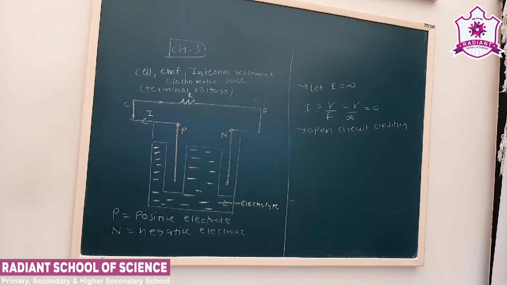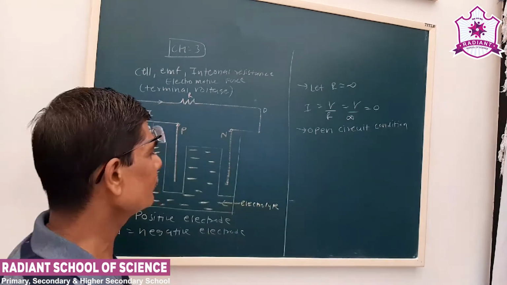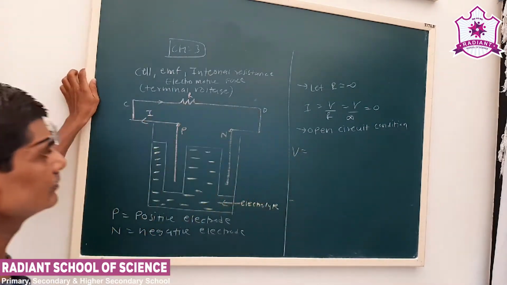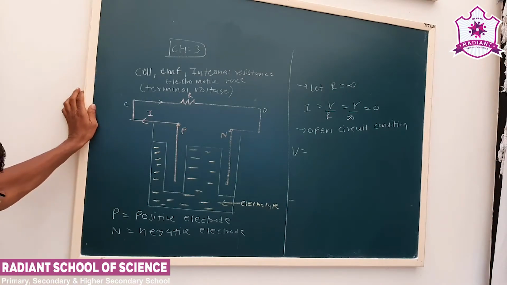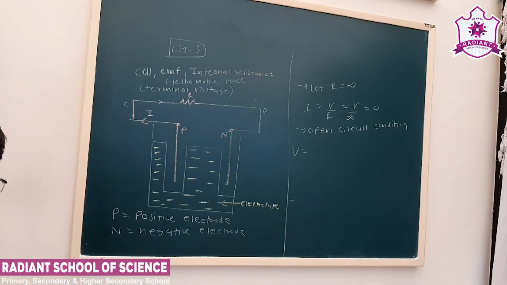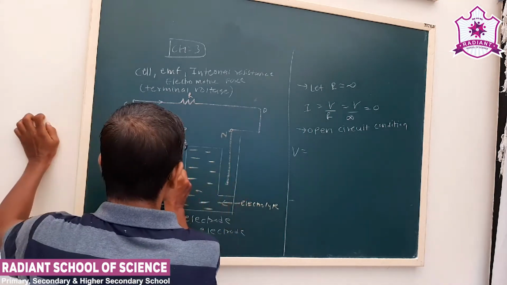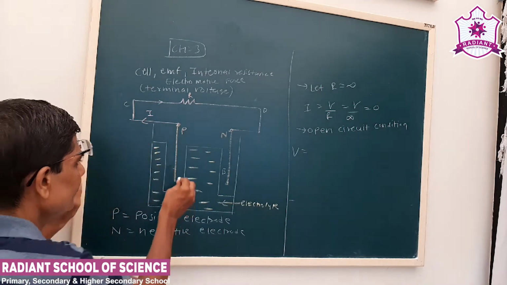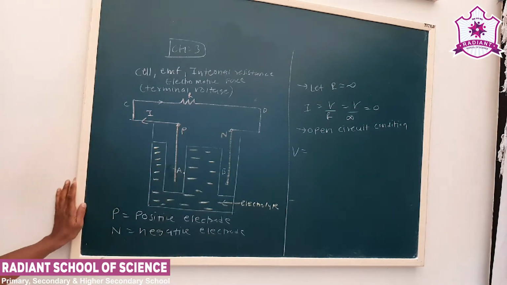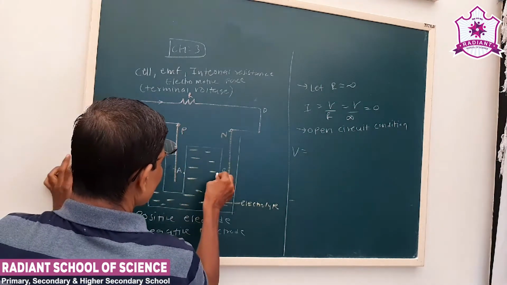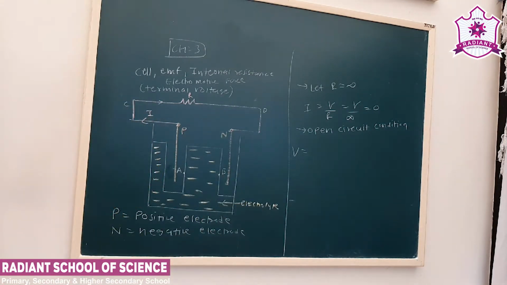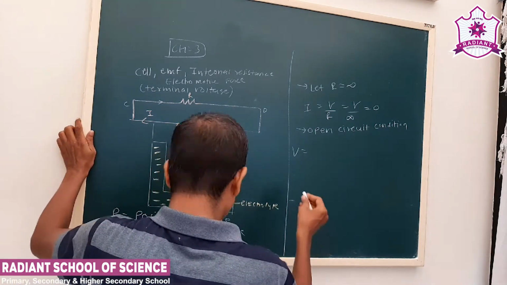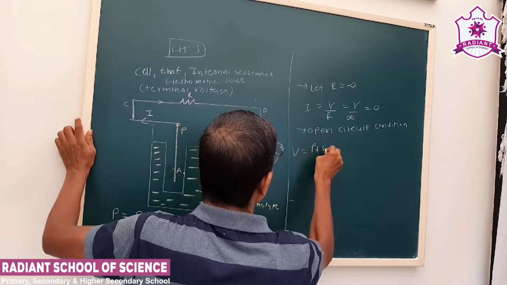Now when R is infinite, what will the potential difference be in the circuit? Let us say A is the electrode here and B is the electrode. The positive electrode with respect to the electrolyte is A, and the negative electrode with respect to the electrolyte is B. So what is the voltage?